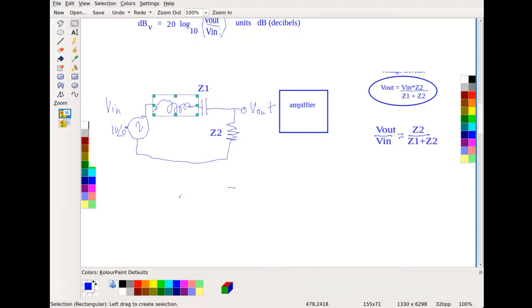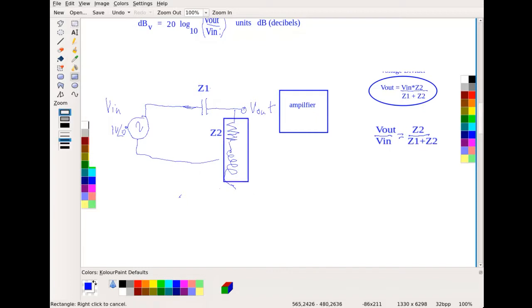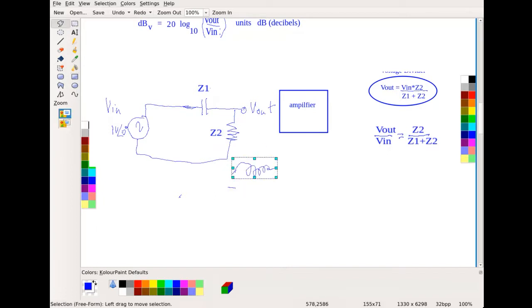Or the inductor could be over here, and then Z2 would be both of those. Or you could have any sort of combination there. Z1 and Z2 are just generic terms to indicate the impedances, but what those impedances are is your choice.